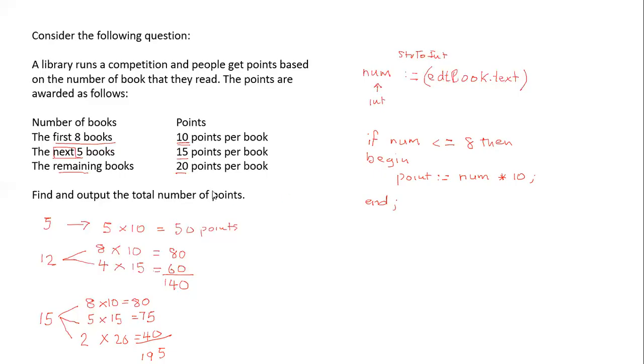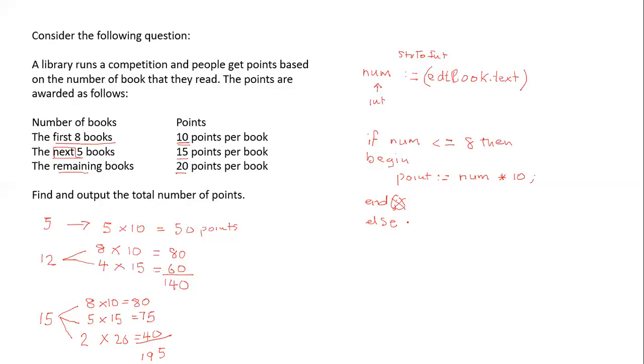If we then look at the second case, which is the next 5 books, the next 5 books would mean that they would have read at least 13 books, which would have been 8 at 10 points, and the remaining 5, the next 5 books at 15 points. So I'm now going to go else, and we know that whenever we use an else, we remove the semicolon.